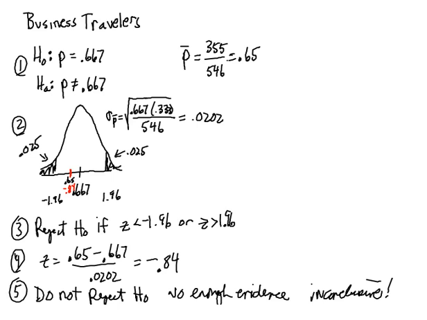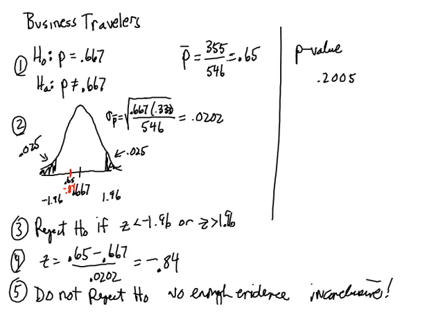What we would be looking for as a p-value is to look up the negative 0.84. So we go to the normal table and down to row negative 0.8 and over to column 0.04. And so the area in the lower tail is 0.2005.